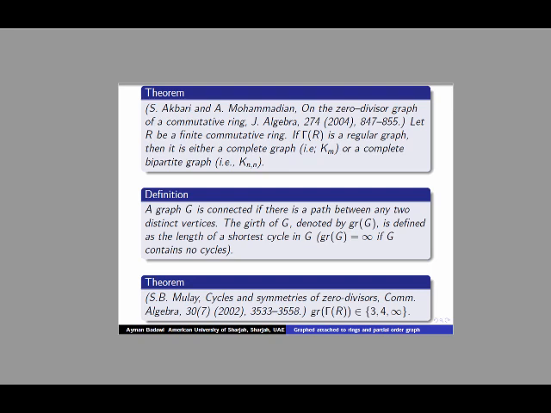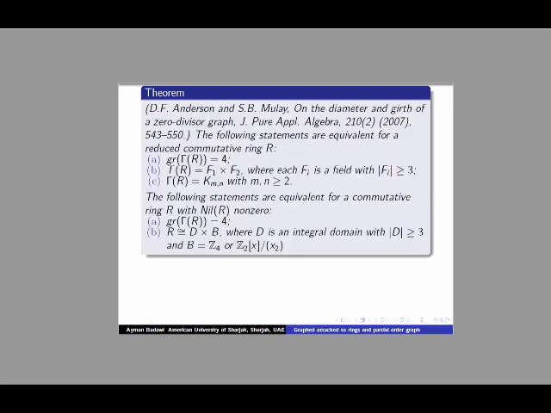If the graph has no cycles, then we say the girth is infinity. And you know many graphs that have no cycle, like trees. A tree will not have a cycle, so the girth will be infinity.